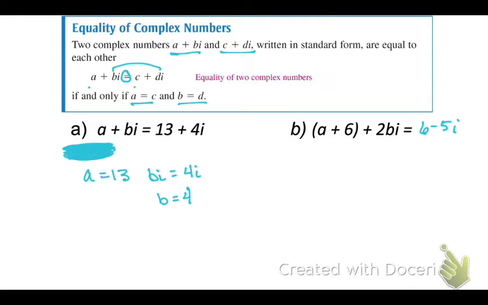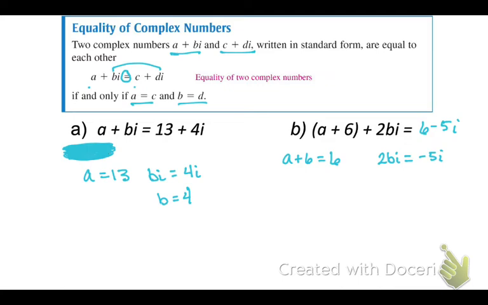Okay, on the left, what is the real part? A plus 6. What's the real part on the right? 6. What's the imaginary part on the left? 2BI. Now, technically, we don't need to take the I, but I'll show you what you can do with it. What's the imaginary part on the right? Negative 5I.